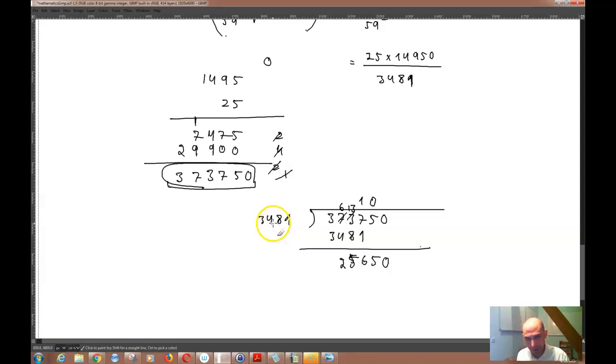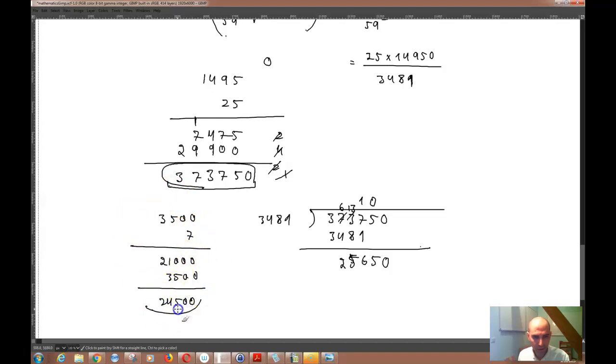So 10 times 3,500 is 35,000. 7 times 3,500 is 21,000 and 3,500 more, that's 24,500. That's around 24,500. That must work.